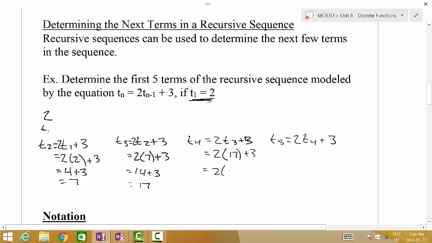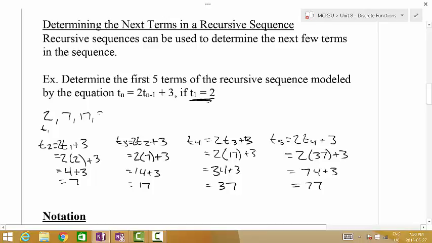We know T3 is now 17. So we're going to work through this. And we know T4 is 37. So again, we're going to work through this. And we end up with 2, 7, 17, 37, 77.